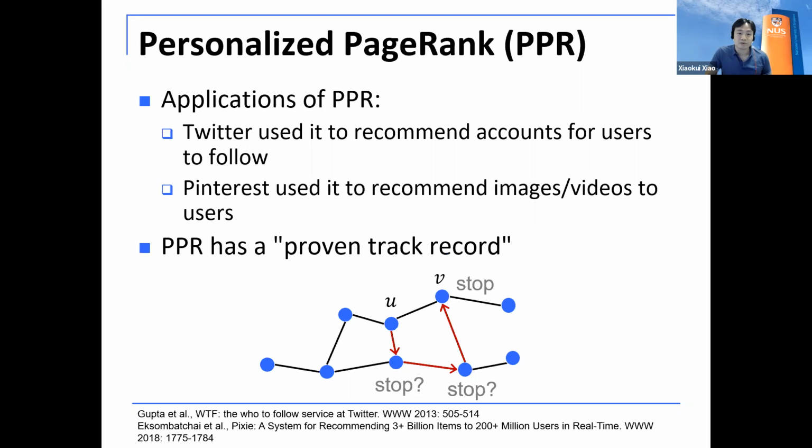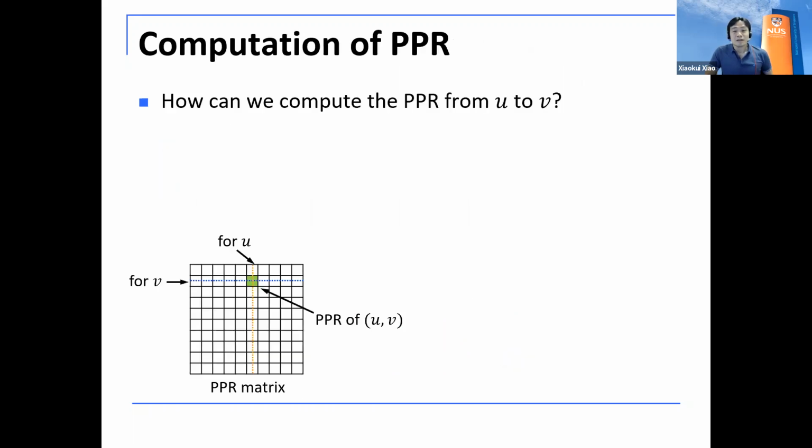So it's fair to say that personalized PageRank has a proven track record as an affinity matrix. So we would like to compute the personalized PageRank between different nodes, and then use those personalized PageRanks as our affinity measure to construct embeddings. But then the question is, how can we actually compute the personalized PageRank from one node to another?